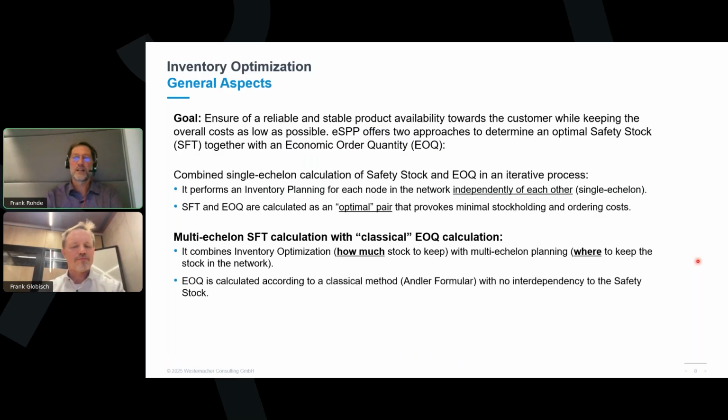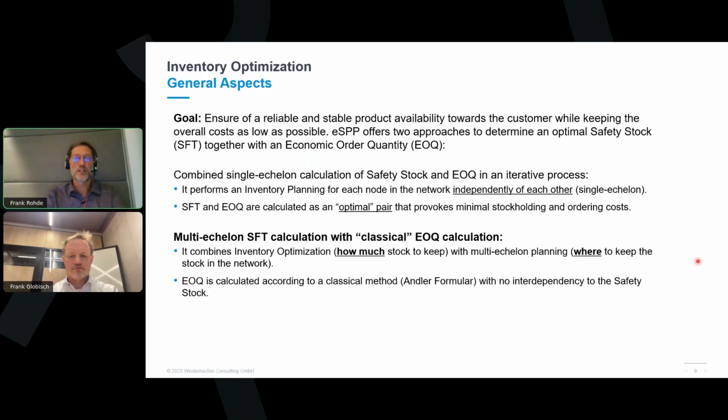That is actually the calculation of the safety stock. It is a parameter that can ensure that. Today we are talking about the calculation of the optimal safety stock and the economic order quantity, so how much we order. SPP and eSPP offer 2 approaches. One is the single echelon calculation of the safety stock and the economic order quantity.